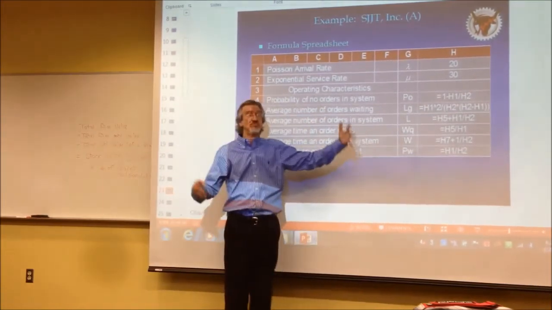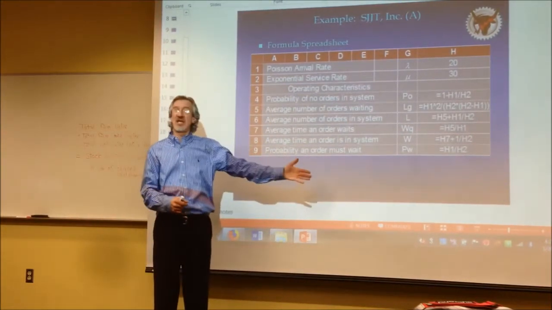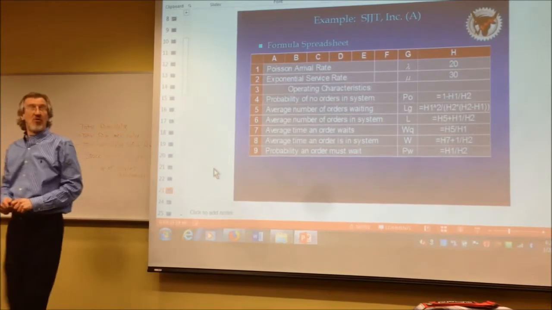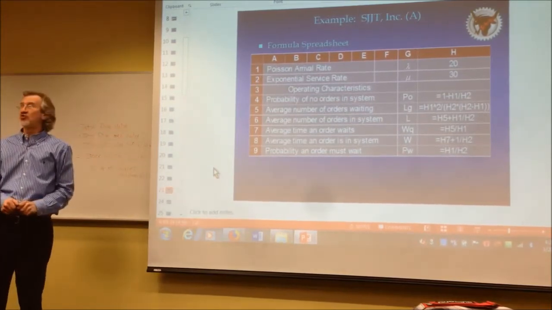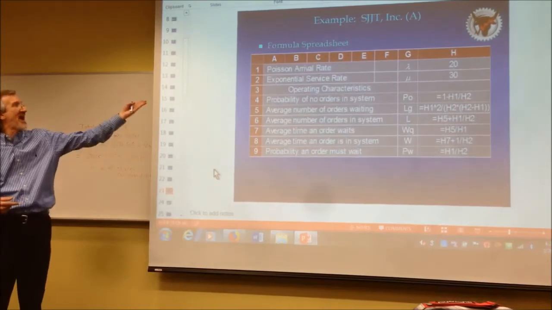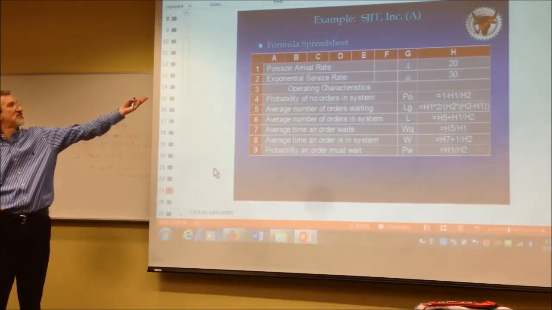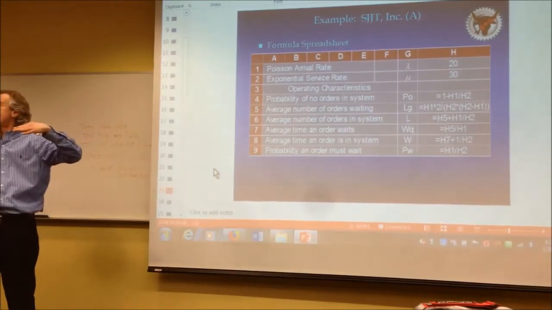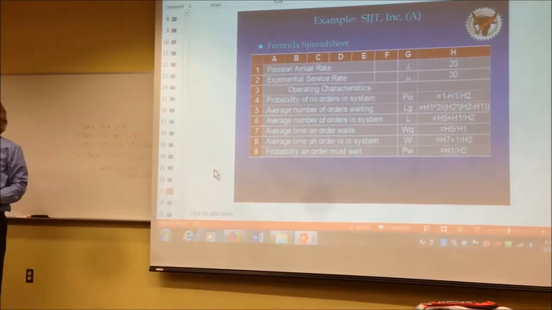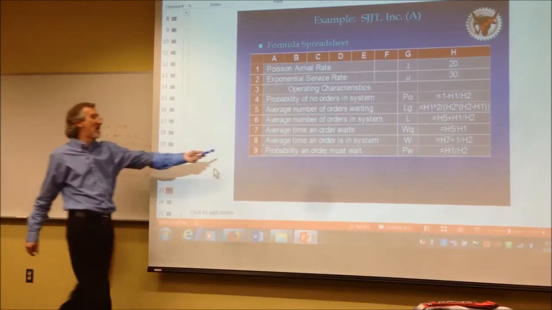So either we need to open up a second cash register, which is the most obvious way of solving that problem, or we need to do some additional training to increase the speed at which we take care of customers, to bring the average customer service time down, to make it quicker, so that we can bring that probability down.